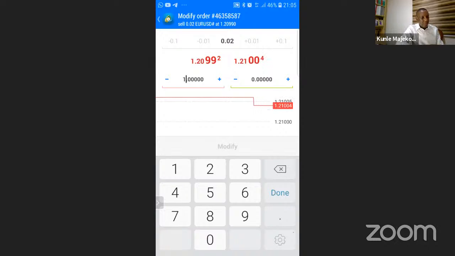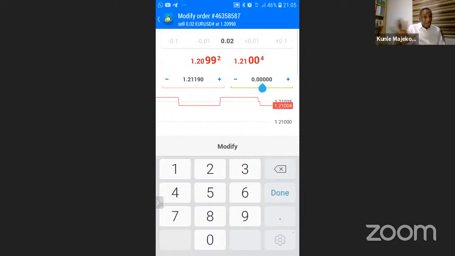1.2119. Is that what it is? I want to add 20 pips to it. Yeah, 1.2119. Correct.